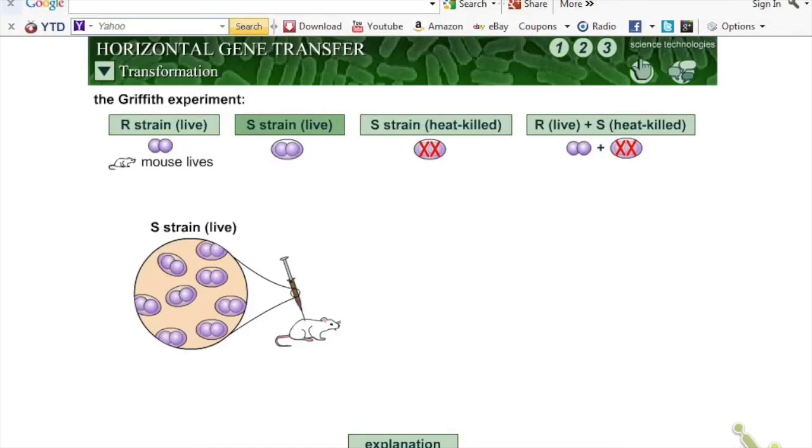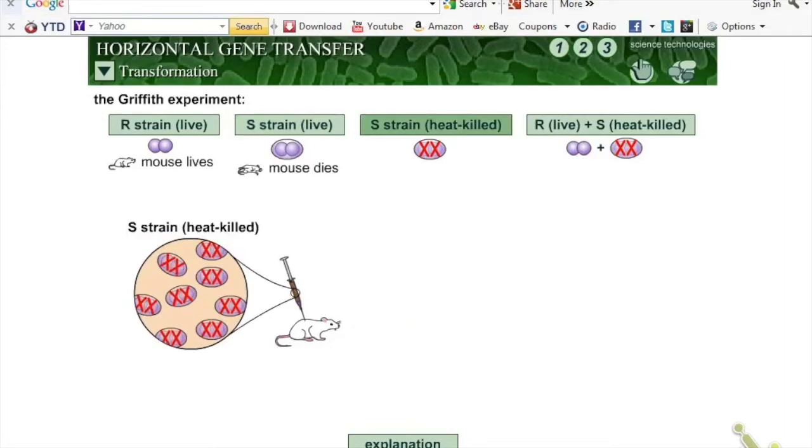Cells of the smooth or S strain of Streptococcus pneumoniae produce a capsule that allows them to escape phagocytosis by the body's defensive white blood cells. When mice are injected with these cells, the mice die, within 16 to 48 hours, because the capsule prevents phagocytosis. So this allows Streptococcus pneumoniae to exhibit its virulence.